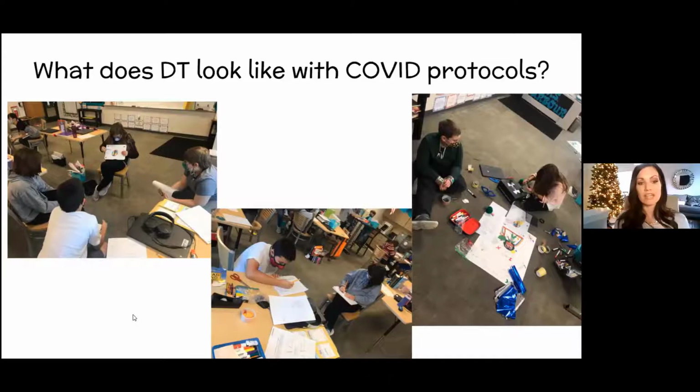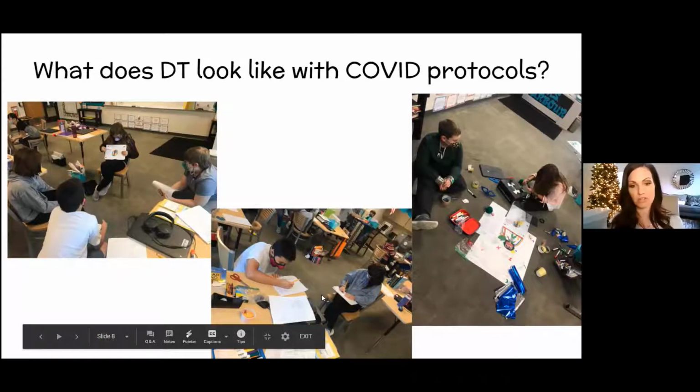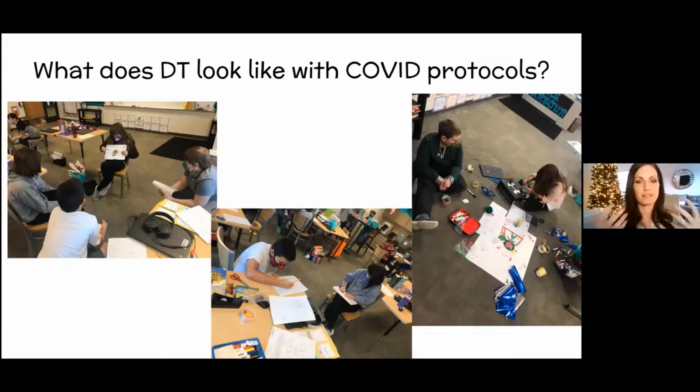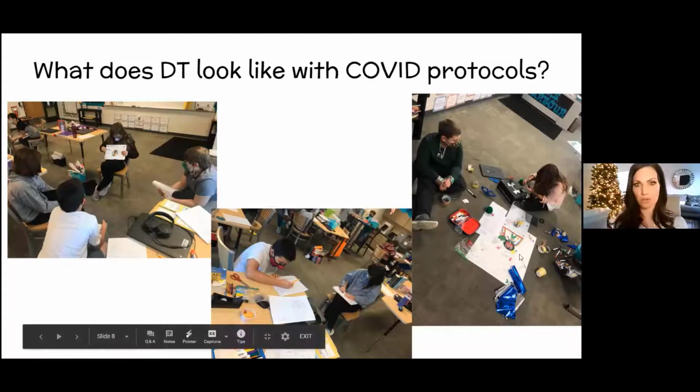And so then you see this picture where she's giving her pitch, right? Here's my idea to get feedback. They have their masks on, but they're still sharing it. You see these partners, they're doing their sketches and they're still working together, but with masks and trying to follow all those protocols.